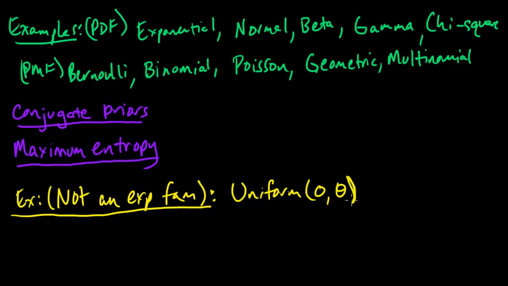Theta here is the parameter, and the problem is that the parameter is governing the support of this distribution. If you look at the form for an exponential family, the support, that h of x function, can't depend on theta. It can only depend on x, and here it depends on theta. So this is an example of a distribution that's not an exponential family.